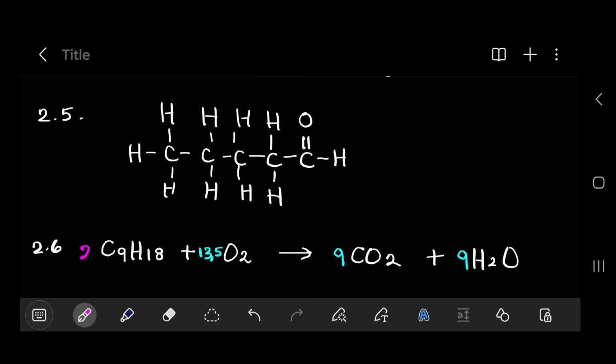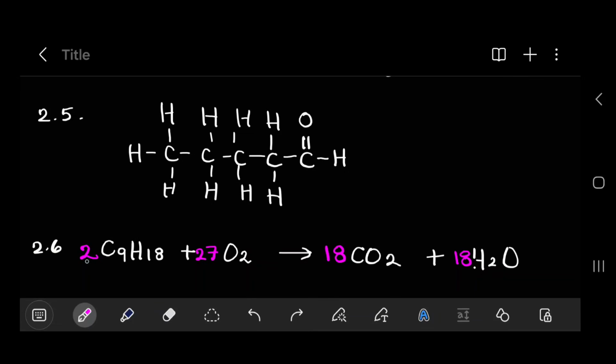Multiplying everything by 2, your first reactant gets a 2 in front. Now we have 13.5 times 2, which is going to be 27. On the right hand side, we have 9 times 2, which is 18. And again, 9 times 2, which is 18.